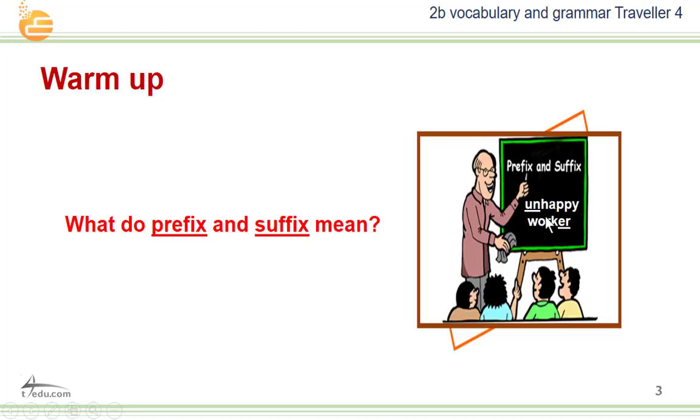Prefix like un, suffix like er. So we can understand that prefixes are letters which we add at the beginning of words, and suffixes the letters that we add at the end of other words or some words.